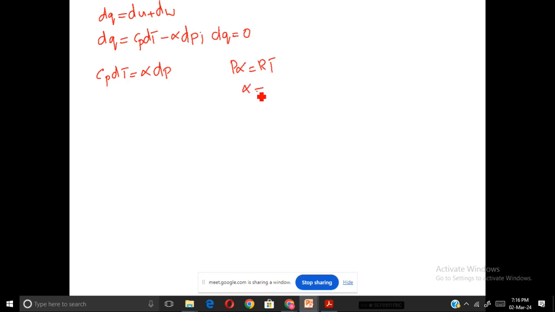Then alpha can be written as RT by P. Substituting it here, Cp dT is equal to RT by P dP. Now by rearranging, we can write Cp by R into dT by T is equal to dP by P.